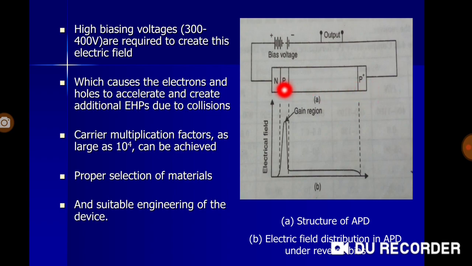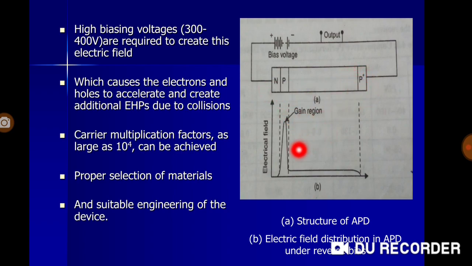This is P plus. So this is actually an intrinsic or low doping region, which is forming the depletion region. In a PIN we have 3 layers; here we have 4 layers rather. The entire region is forming the depletion region. That is a huge depletion region, plus we have a very highly doped P end on one side.